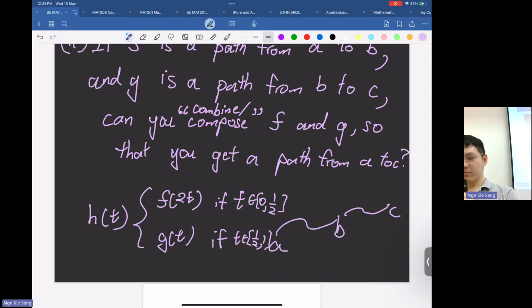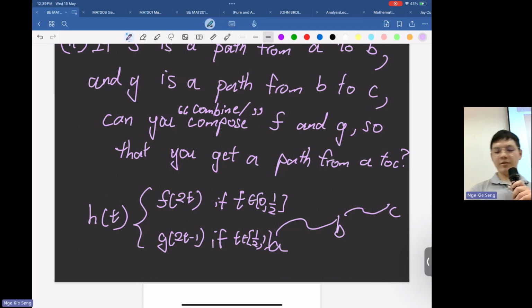So how should I parameterize it? 2t enough or not? 2t minus 1. Okay, so you can use G of 2t minus 1. This is the first exercise you will see in algebraic topology class if you're going to take it: how to compose paths, how to take inverse.